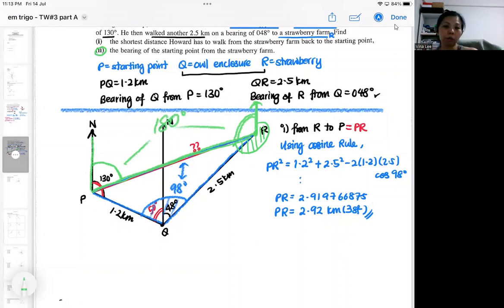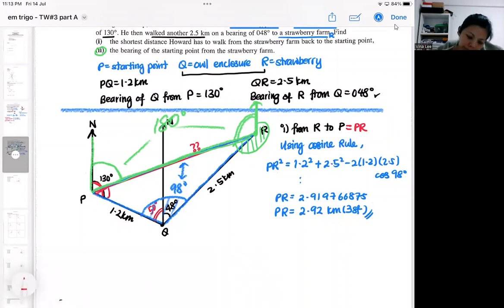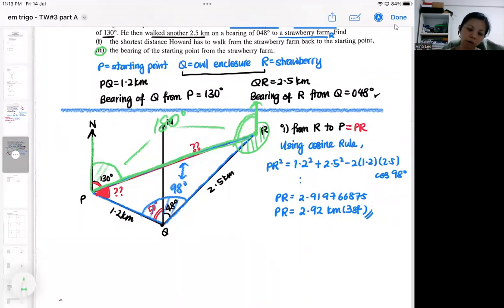If you would like to make use of the interior angle, then you will need to find this angle. And subsequently, if you can find this angle, you can use 130 to subtract for this angle. And then you can make use of the interior angle and subsequently find the bearing that we wanted.